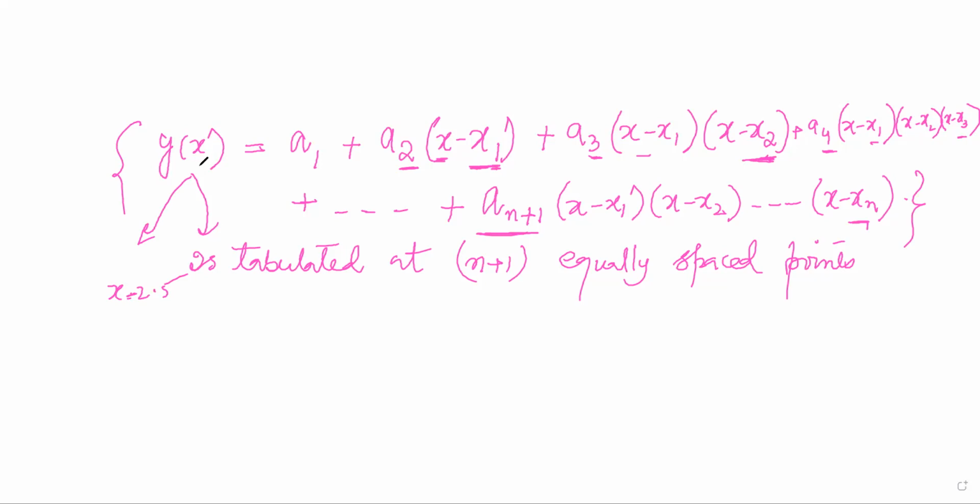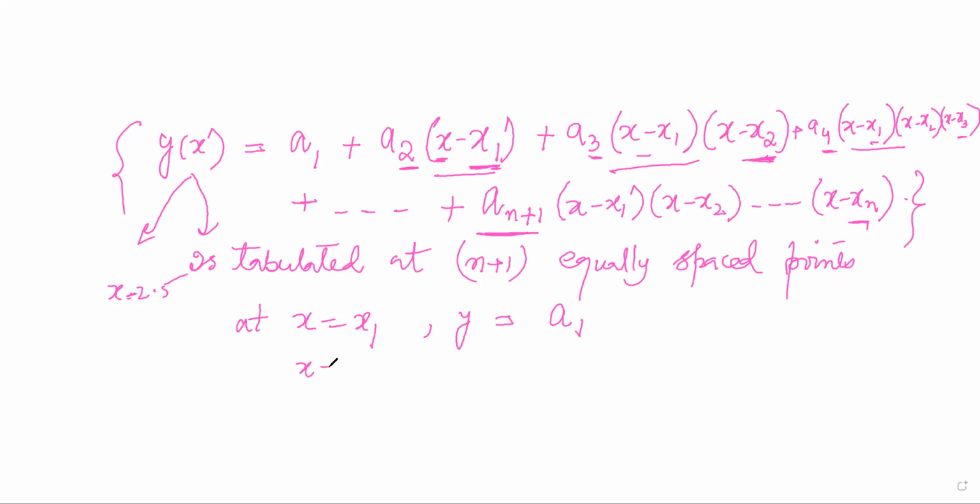So how Newton's forward difference interpolation formula starts, it says, let us assume that the function y of x is tabulated at n plus 1 equally spaced points, and y of x is equal to this. Then at x is equal to x1, all the terms become 0 and y becomes equal to a1.